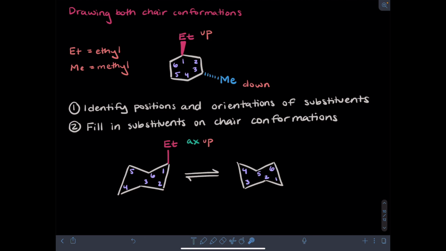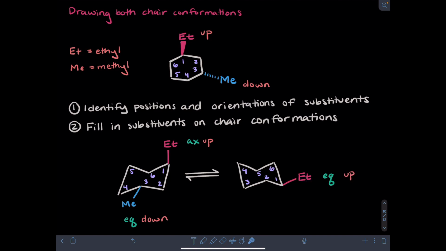Now I need to draw my methyl group at carbon 3 and make it angled downward because that's a dashed methyl. At position 3, it is an equatorial position that's angled down. So I've drawn this methyl group at an equatorial down position. Now we can do the same thing for the other chair conformation.